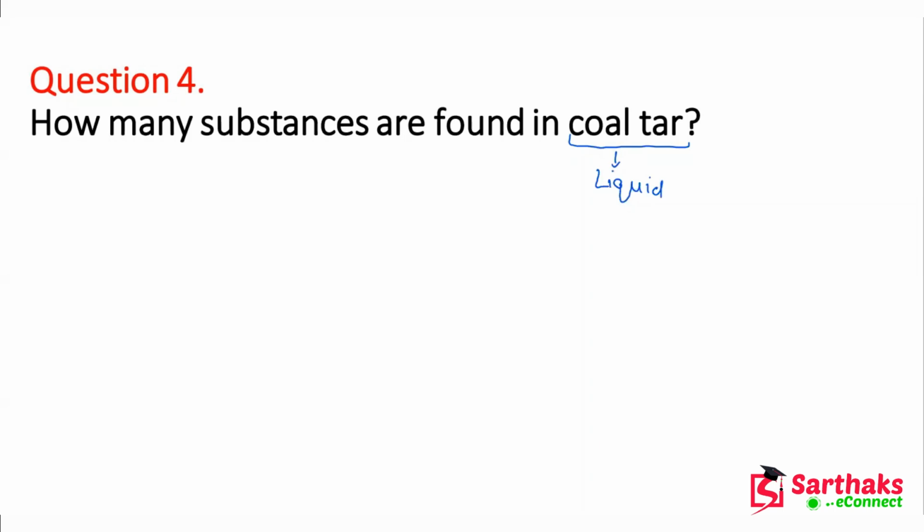There are about 200 substances present in coal tar. It is obtained when we burn coal, and it is a black colored liquid.